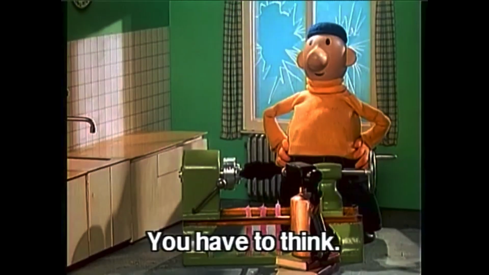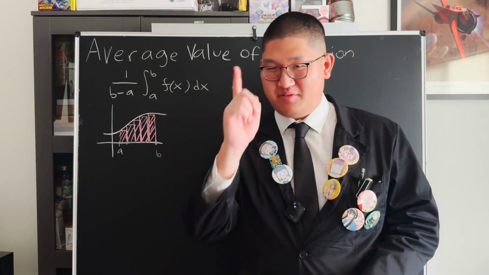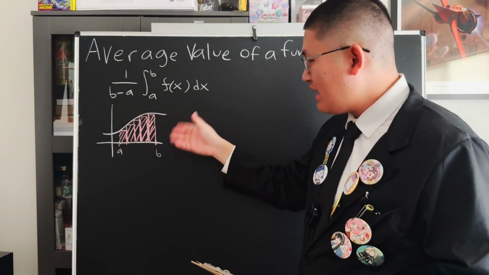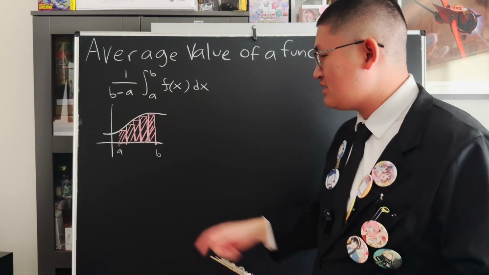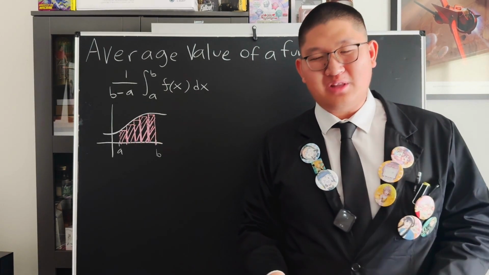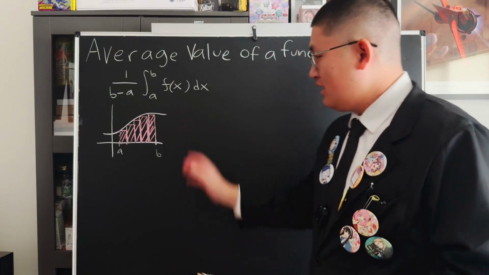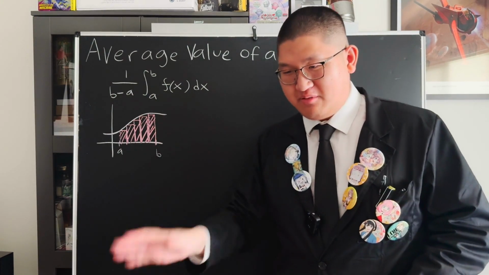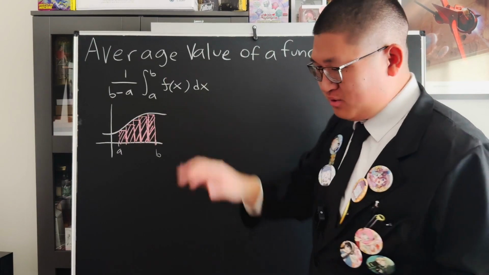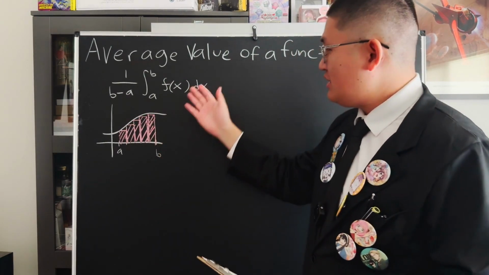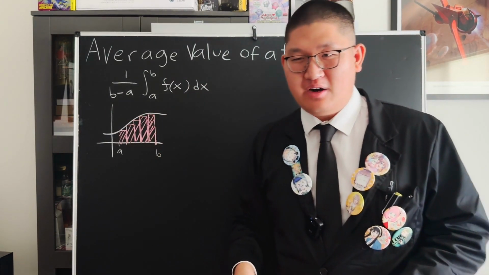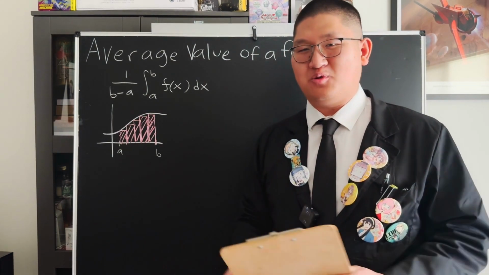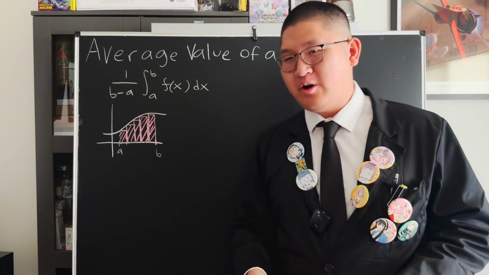You have to think. Well, let's see if we can visualize what this looks like. If we have any sort of generic function f of x, and we take the definite integral that we have been going over so far, just in terms of visualizing, I drew it like a Riemann sum. Of course, with an actual definite integral, we get the exact value of the area underneath the function without any sort of under or over approximation.